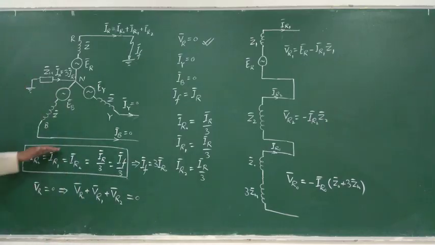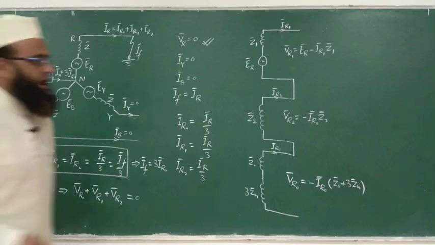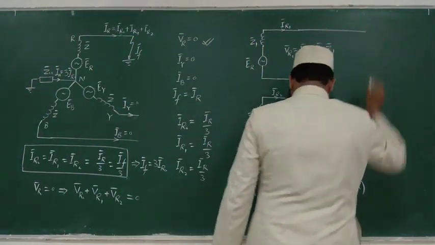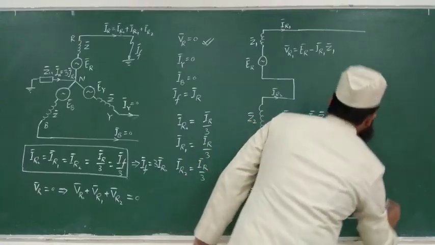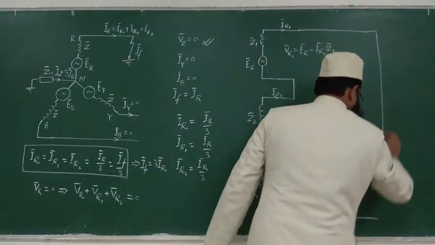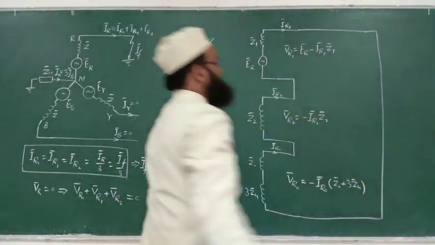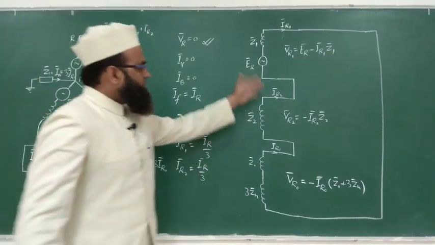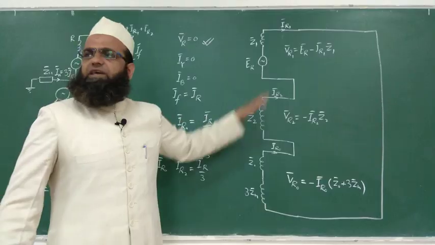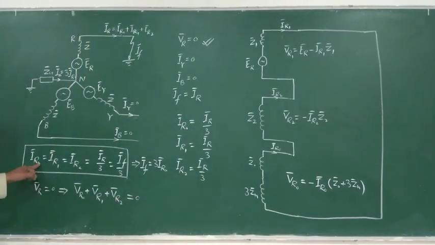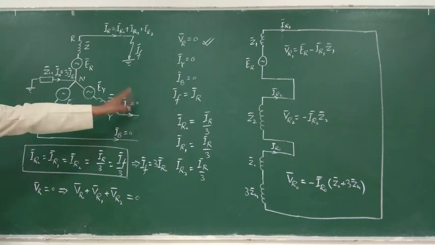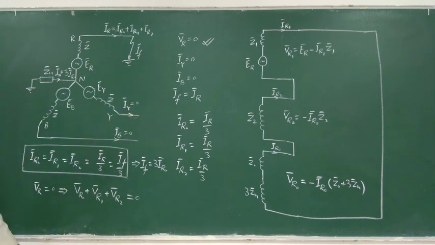So from these two relations, we can say that no other drop will be there in this loop, and we can connect this like this. From each network, the currents are same, and we have derived this, right? IR0 is same as IR1 is equal to IR2 for these conditions. This condition is for SLG fault, single line to ground fault. Are you having any doubt?